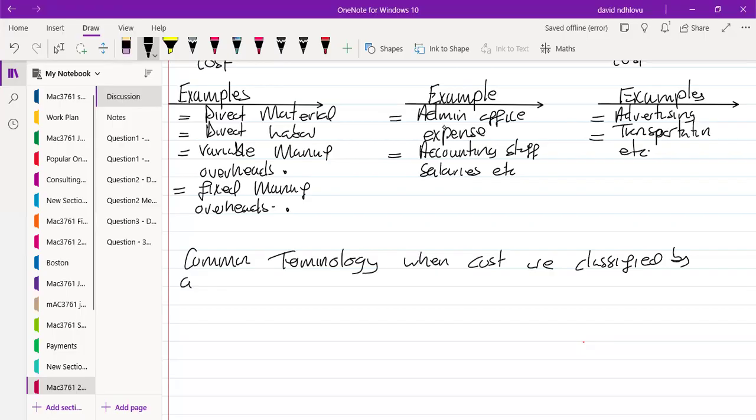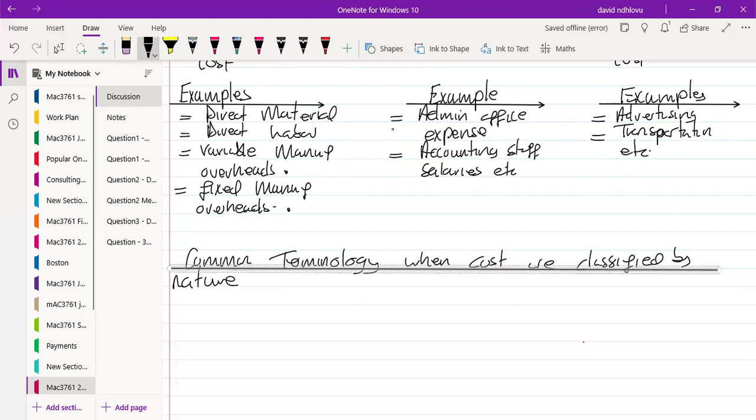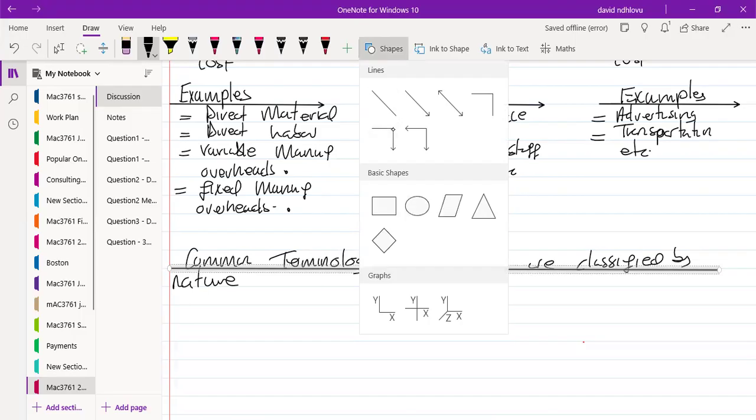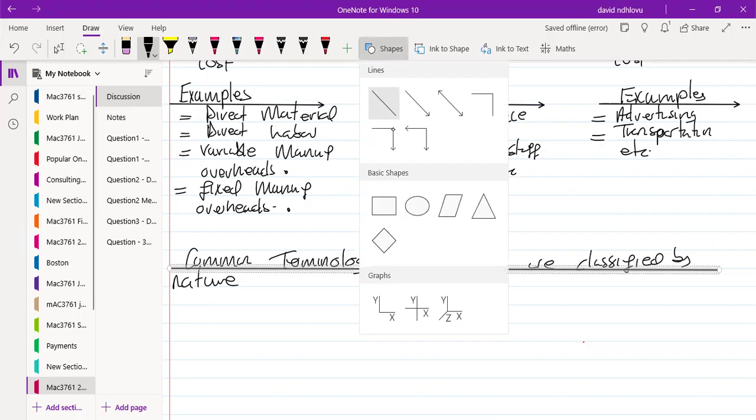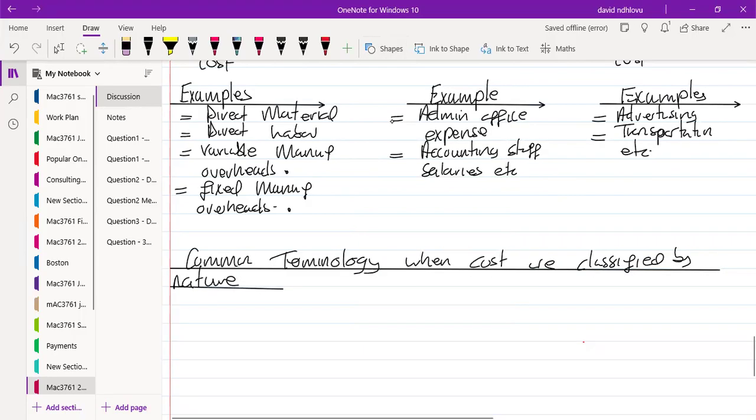When you classify your cost by nature, there are certain terminologies that we normally associate with this. Please remember, theory informs your calculations. All this information is very important. You'll borrow from it when you go to serious stuff.